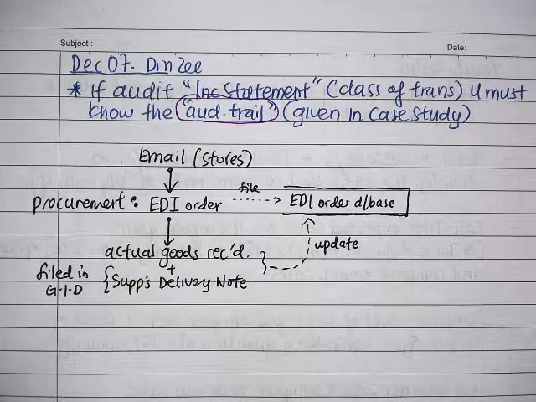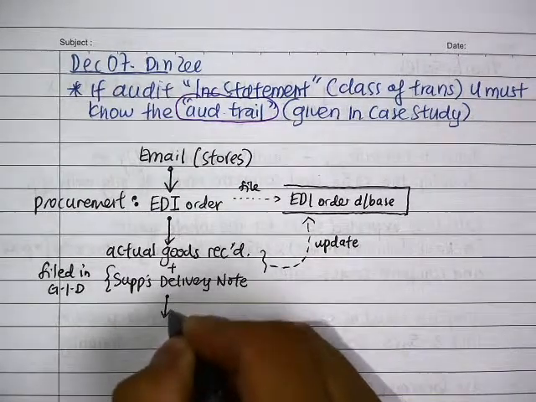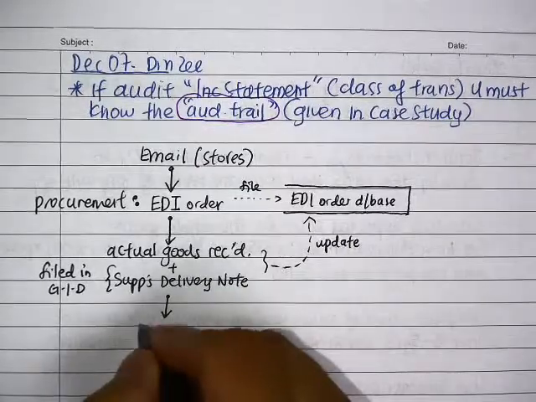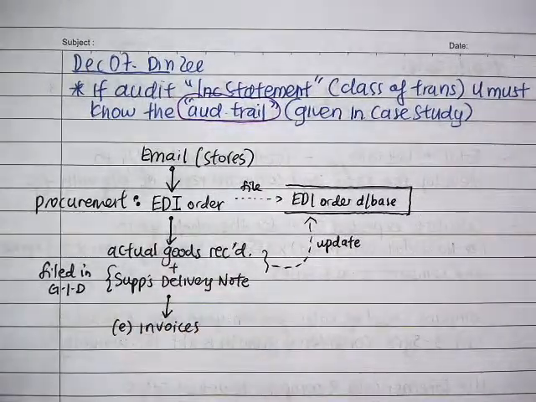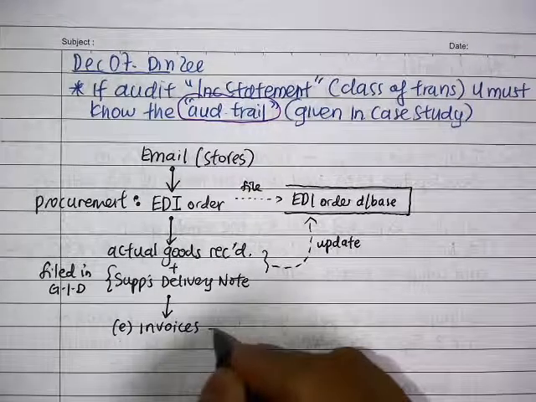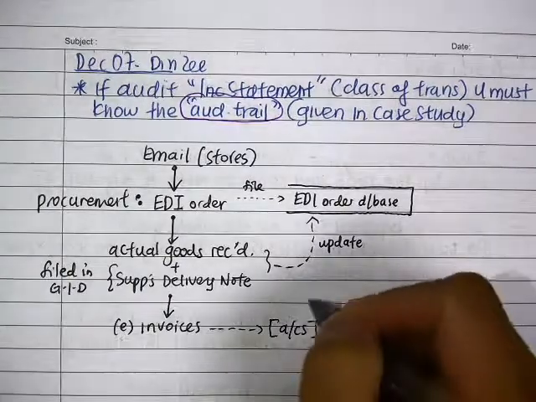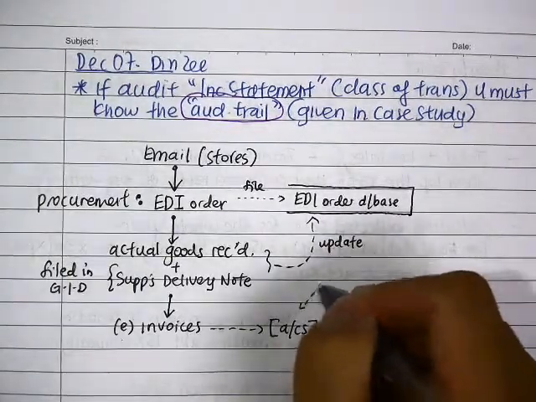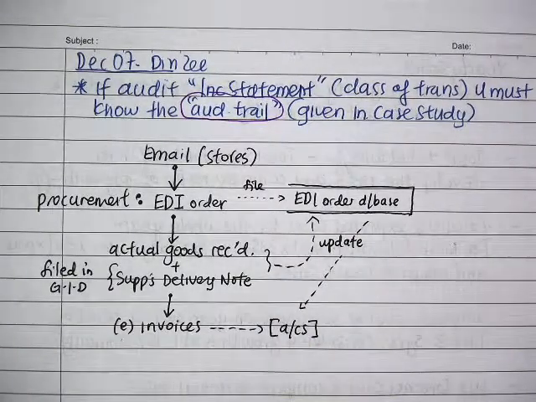Then the supplier will send you an electronic invoice. This electronic invoice will automatically go to the accounts department. The accounts department will then compare this with the EDI database.